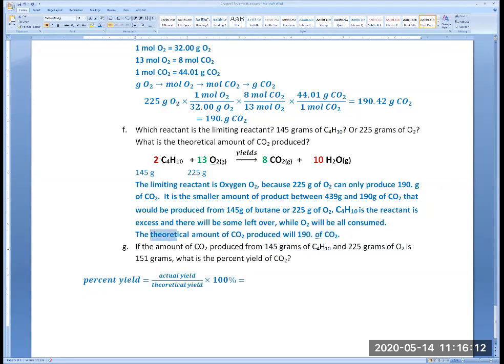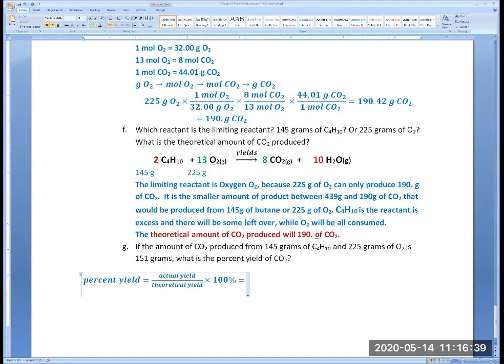So let's make this red so we really see that. And then the actual yield is what the question is telling you here. If the amount of CO2 produced from 145 grams of C4H10 and 225 grams of O2 is 151 grams. So that's the actual yield.